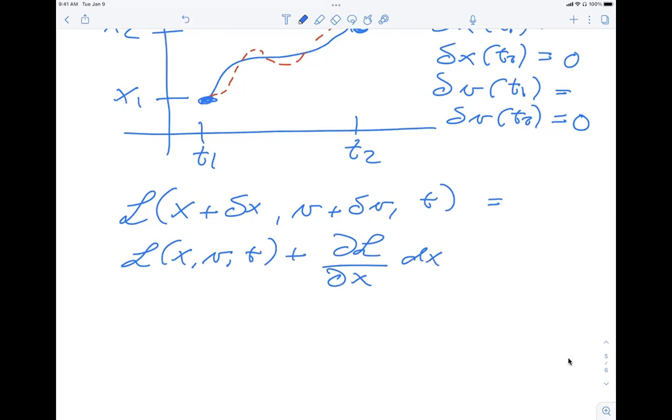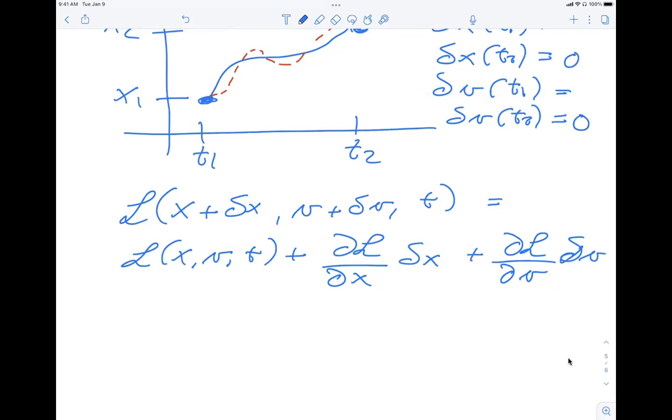And I guess you've seen some of these equations in mathematics courses, so I hope this doesn't come out as a bolt out of the blue. And then we have the derivative with respect to v times delta v, where delta v is the change in velocity.